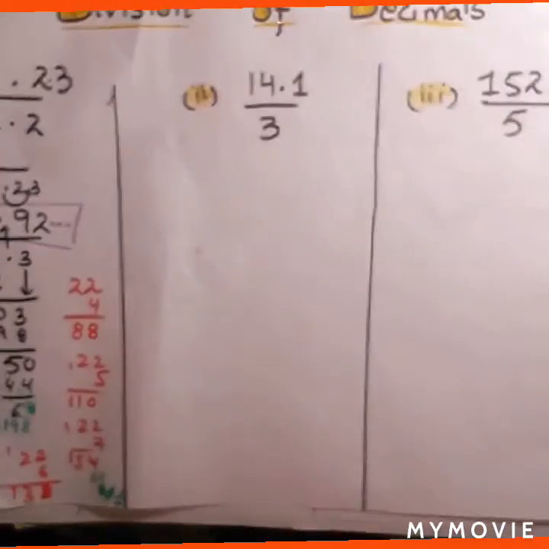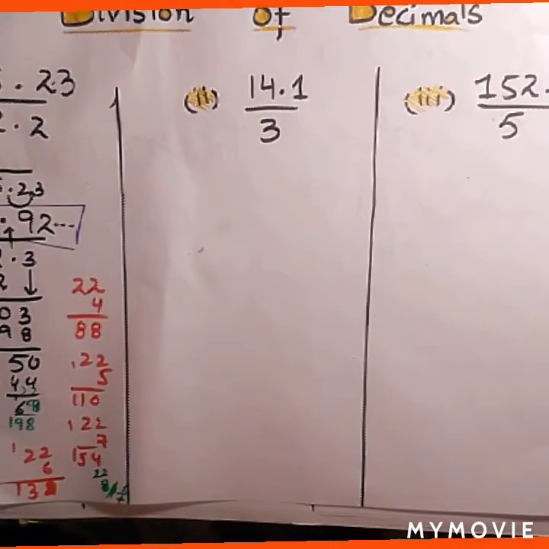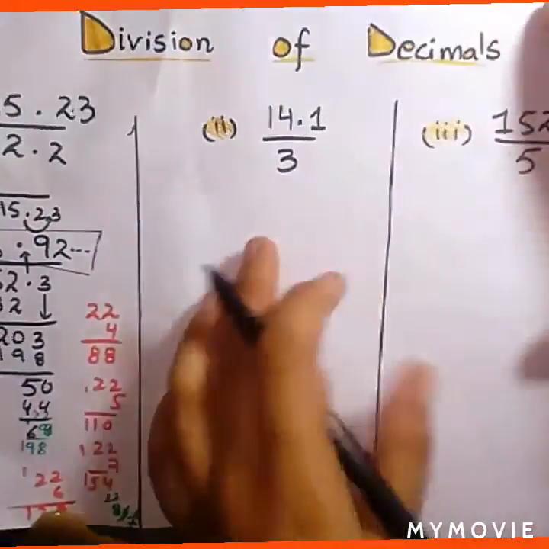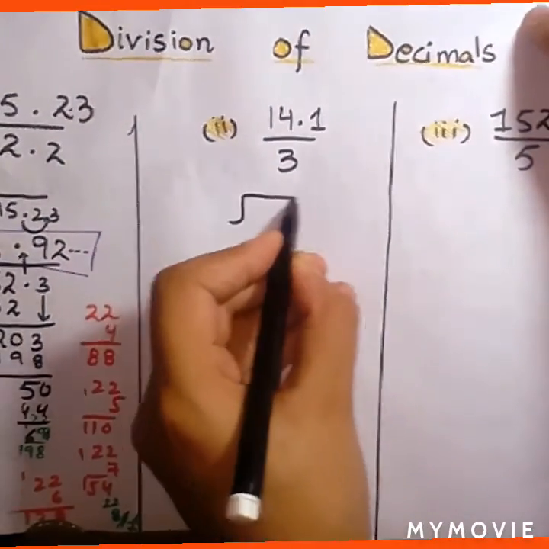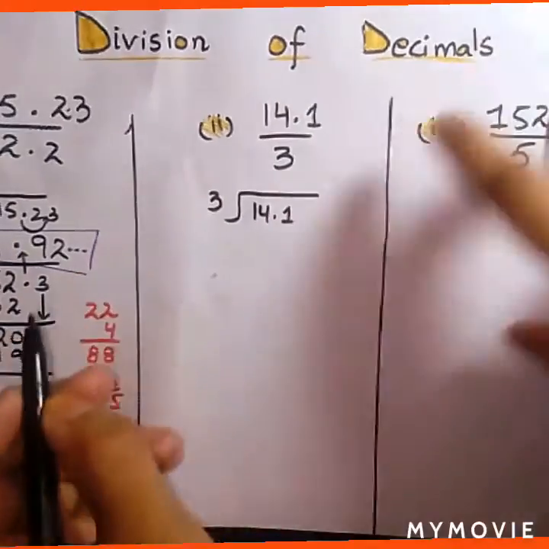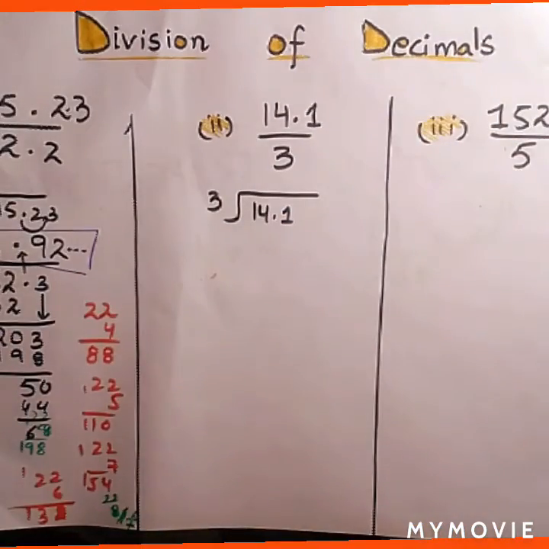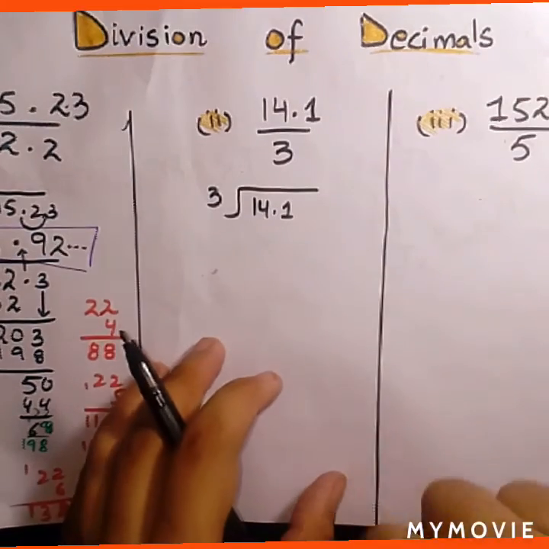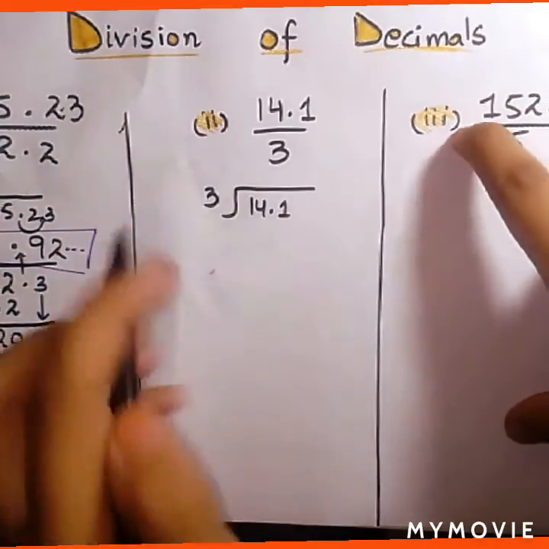Now I am going to tell you the easiest decimal division: how you can divide when there is a decimal in the numerator and the denominator is not a decimal. First of all, write 3 as the divisor and 14.1 as the dividend. Now what to do?